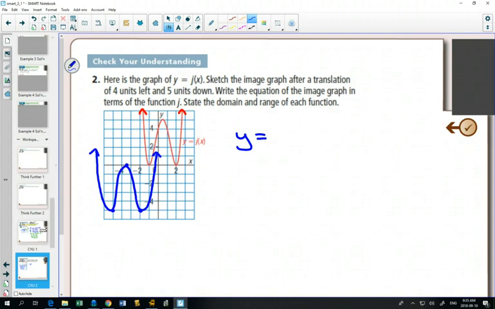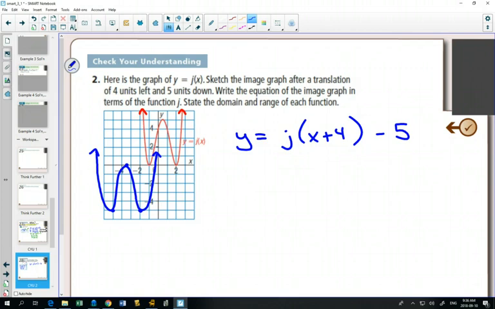And we've moved 4 to the left and 5 down. So in terms of our function j, we're going to have something happen inside of our function and something happen outside of our function. The inside of the function, to move it 4 to the left, we'll have x plus 4. The outside of the function, to move it 5 down, we'll have minus 5.